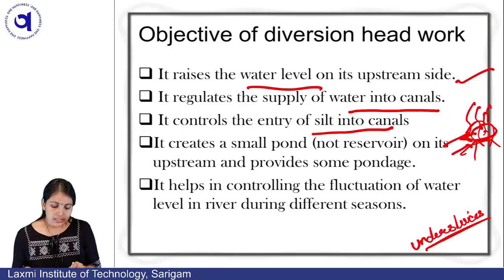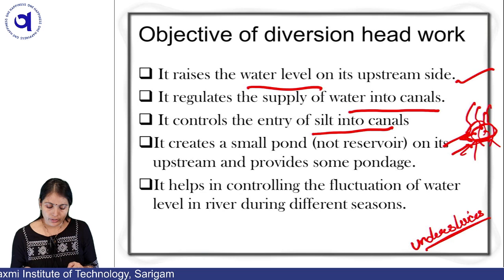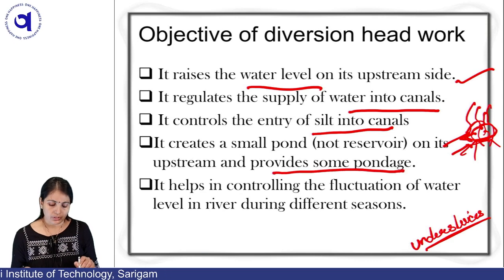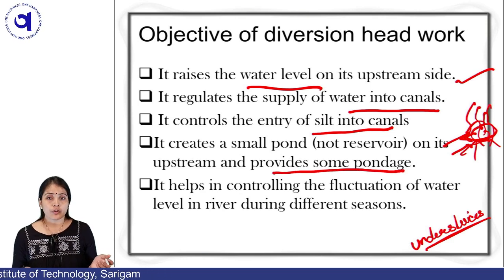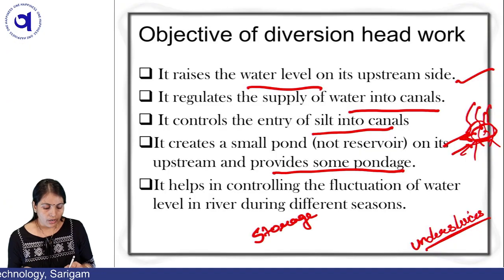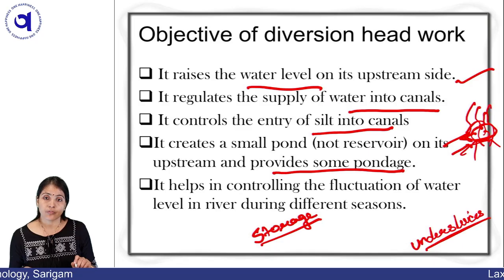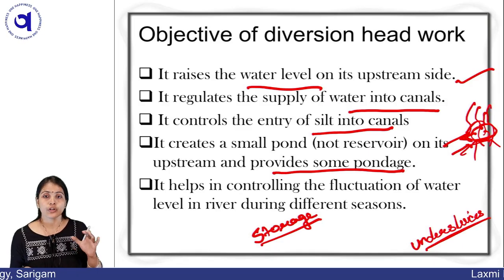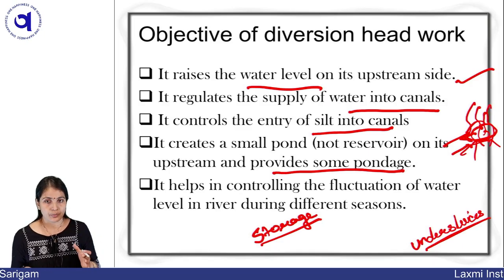It creates a small pond, not a reservoir, on its upstream and provides some pondage. If we are talking about a storage reservoir, we are talking about the most head of water being collected over the catchment area.